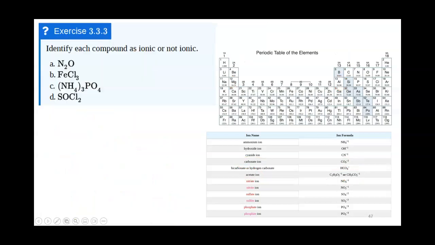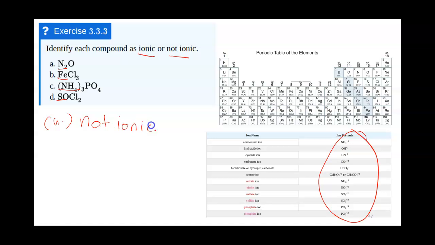So now we're asked to identify each compound as ionic or not ionic. And what we're looking for is, does the formula begin with a cation? The first formula begins with N2, and there are no polyatomic cations that start with N2. So this means that this must not be ionic.